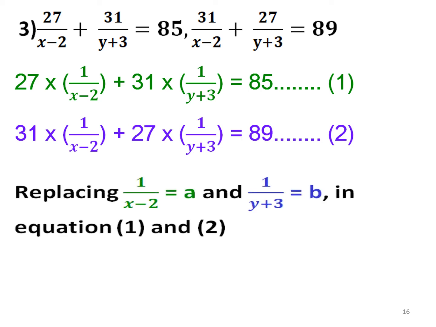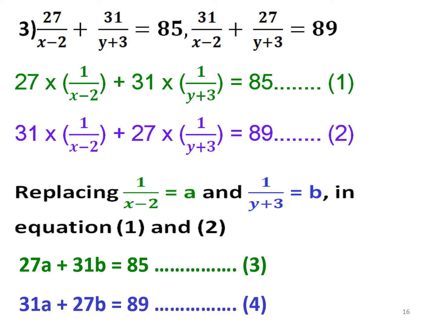Replacing 1 upon x minus 2 as a and 1 upon y plus 3 as b in my equations 1 and 2, the first equation goes as 27a plus 31b is equal to 85. This is my equation 3. 31a plus 27b is equal to 89. This is my equation 4.